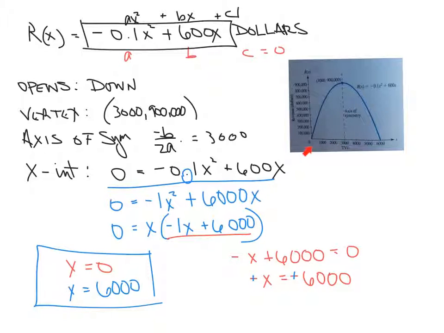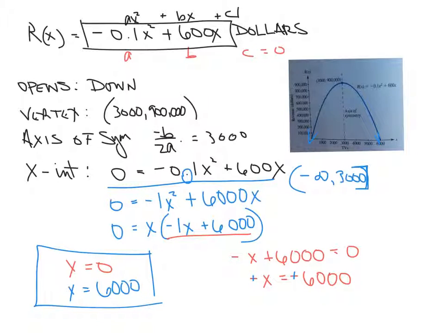So on the interval negative infinity to 3,000, I'm increasing, because this should have arrows on it. It really is continuing on into infinity. So from negative infinity to 3,000, and that should include the 3,000 here.